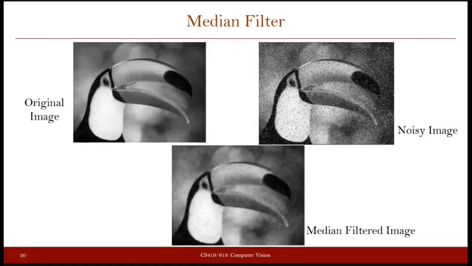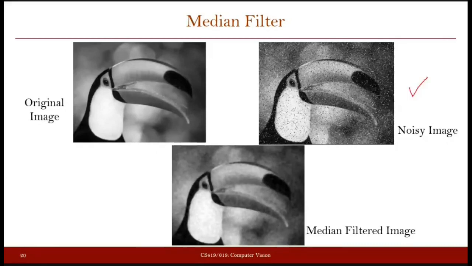Now the question comes, where is it applicable? This kind of filtering is applicable when you find that in your neighborhood there are a few faulty pixels. The majority of the pixels are good, but a few of them are faulty. One example where this can be applied is salt and pepper noise.